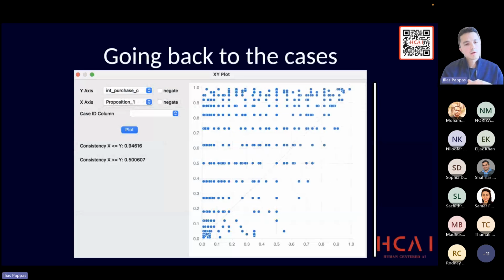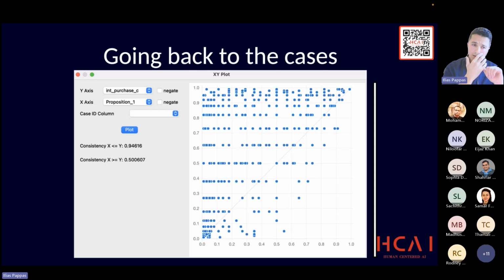And the way to do it looks like this. I'm using the XY plot option of the tool to visualize, so to plot my cases. On one axis, I will have the outcome, the intention to purchase, and the x-axis is the proposition that I just developed. The blue dots are cases in my sample.